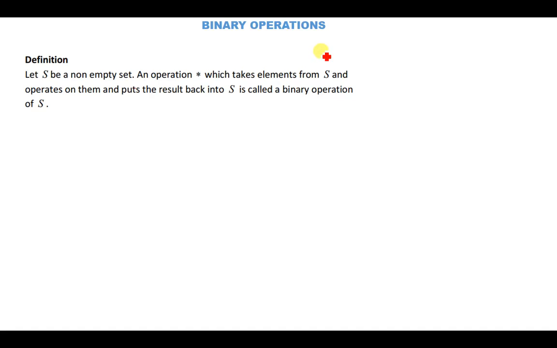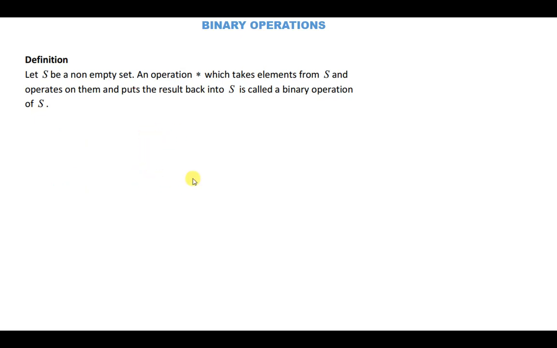For instance, if you've been given a set of natural numbers and they ask you, is addition a binary operation on the set of natural numbers? This simply means that they are asking: if you take any two natural numbers and add them, is the result a natural number? If the answer is yes, then addition is a binary operation on the set of natural numbers. So that's what it means.